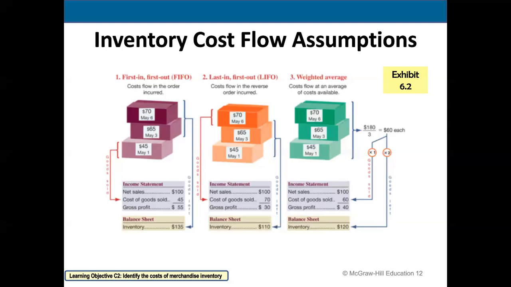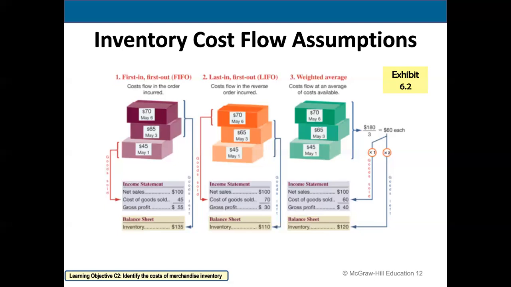So the question is, when I sell those units, what is my cost of goods sold? Which units am I selling? If the units are identical, it's impossible to tell. And also, when I want to calculate what my remaining inventory is for my balance sheet, which units are still sitting here? And so it can be a little confusing.